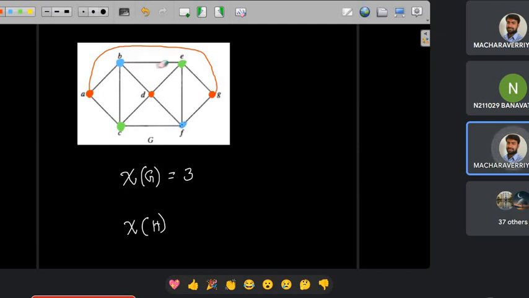So now what shall we do? I also cannot assign green or blue here because this G is adjacent to E and F also.